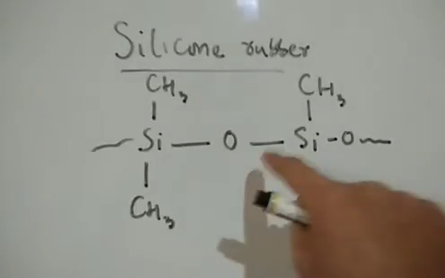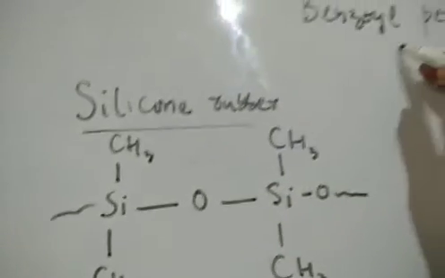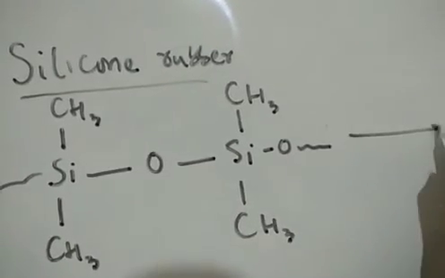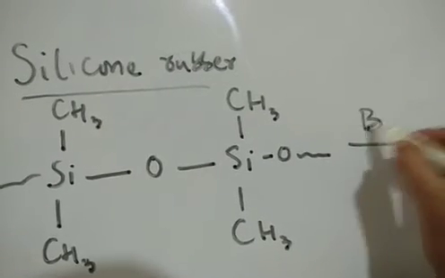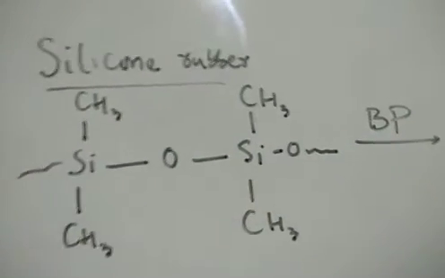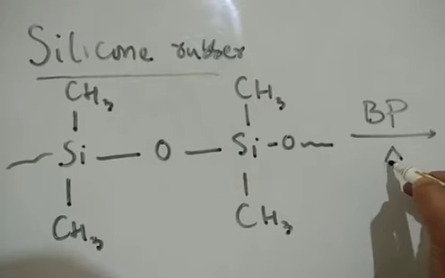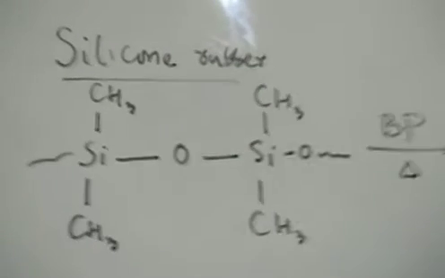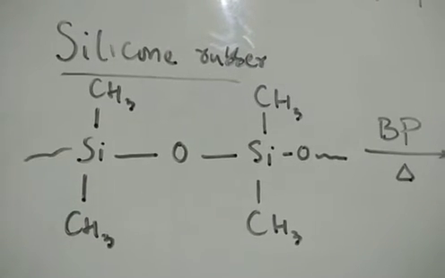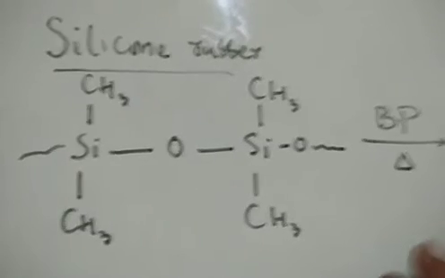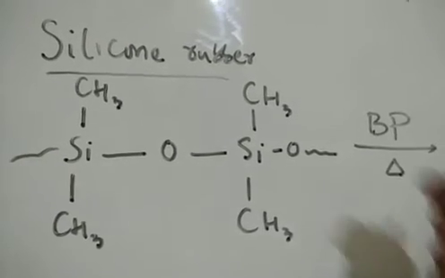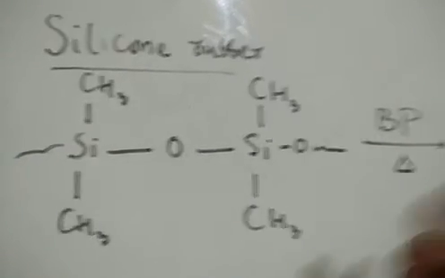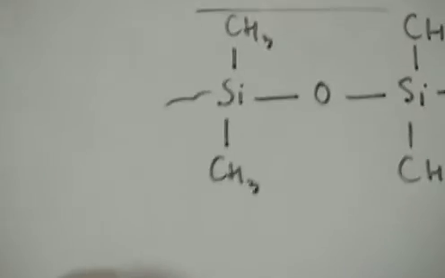Now, when you heat this in presence of benzoyl peroxide, what happens is that the benzoyl peroxide gives oxygen, and that makes the substance undergo oxidation. So what happens ultimately is this.